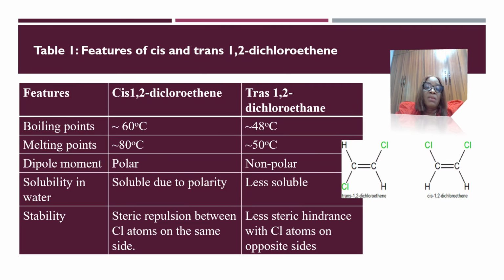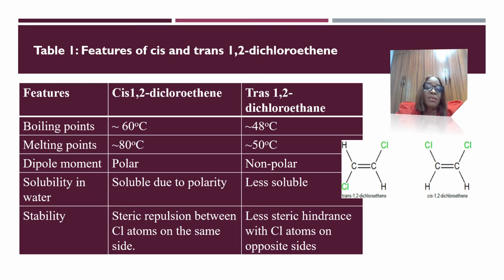Melting point, cis 1,2-dichloroethene melts at about 80 degrees Celsius and trans 1,2-dichloroethene melts at about 50 degrees Celsius. Dipole moment, cis 1,2-dichloroethene has a net dipole moment, which makes it polar. Trans 1,2-dichloroethene has no dipole moment, so it is nonpolar.